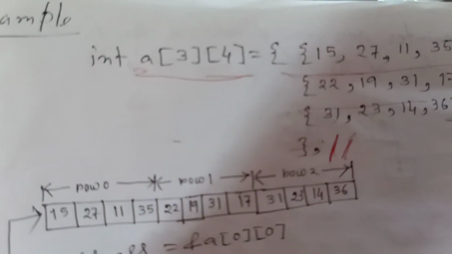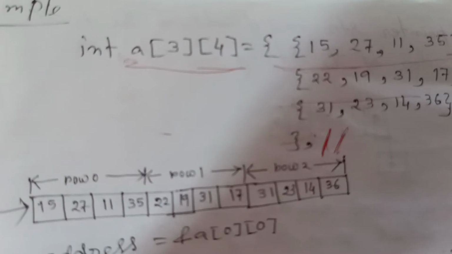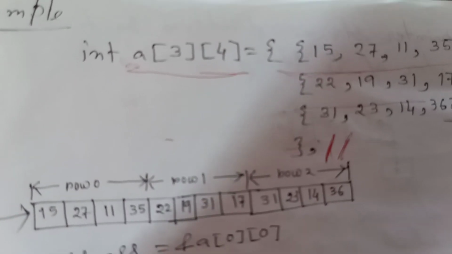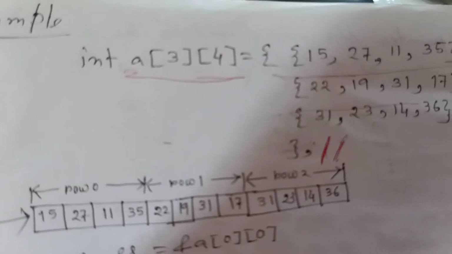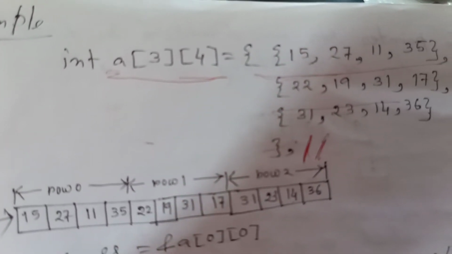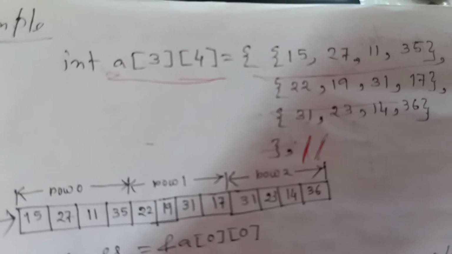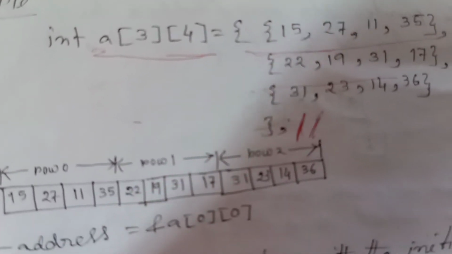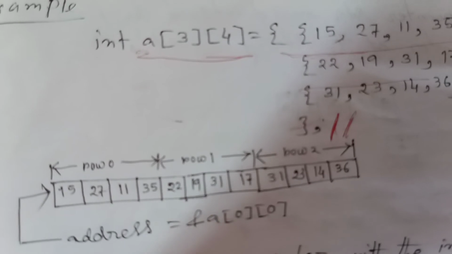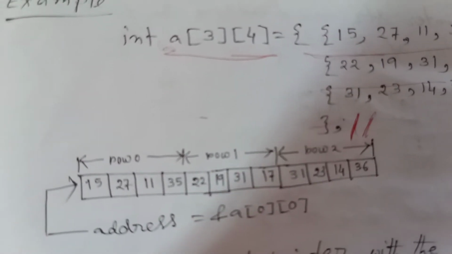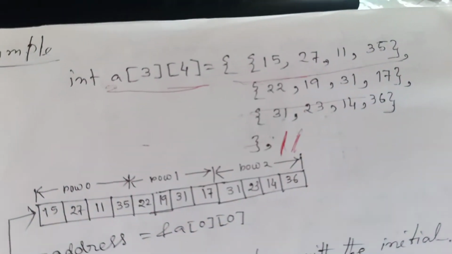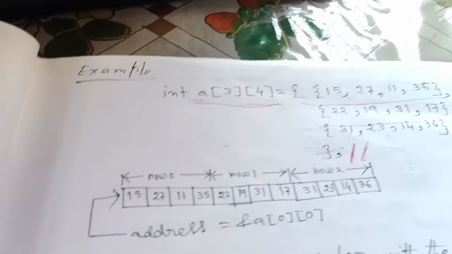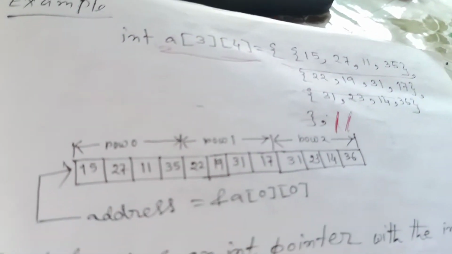So A[3][4] shows the size of the array. 3 means there exist 3 rows, and 4 declares there exist 4 elements in the column value.